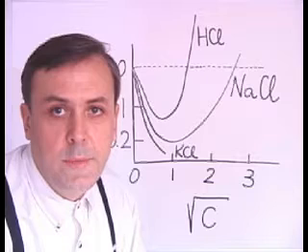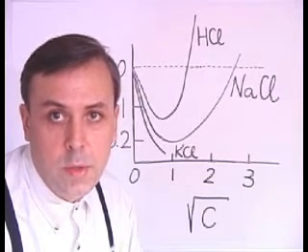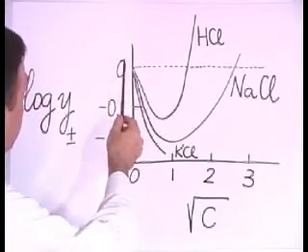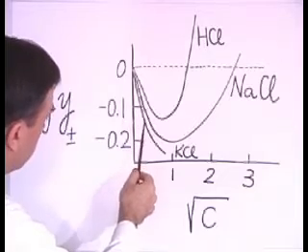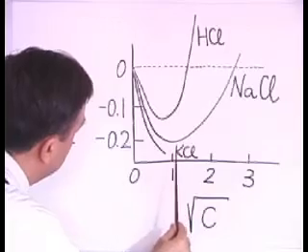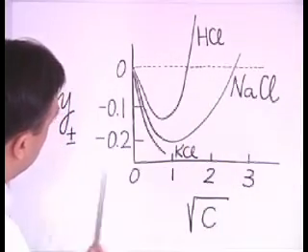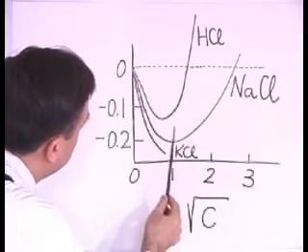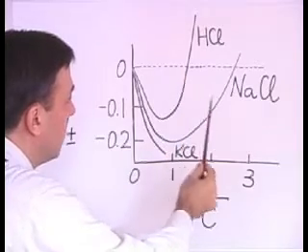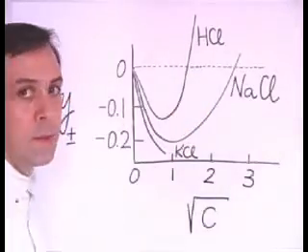This is because at infinite dilution there are practically no long-range interactions between ions. However, as the concentration increases, the value of the activity coefficient decreases and becomes smaller and smaller than unity until a minimum is reached at a concentration typical for a given electrolyte. Then upon further increase of the concentration, the value of the activity coefficient begins to increase again, and in some instances it may reach values greater than unity.